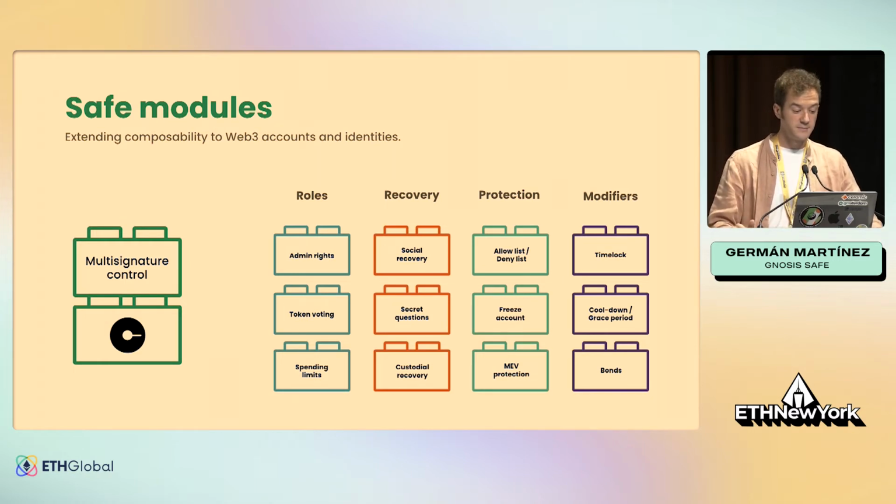Regarding safeguards, because all the transactions pass through the checks that the guards have, we could implement an allow or deny list. It would be like a filter for all the transactions, checking what the target contract is and allowing or not the execution of a transaction.